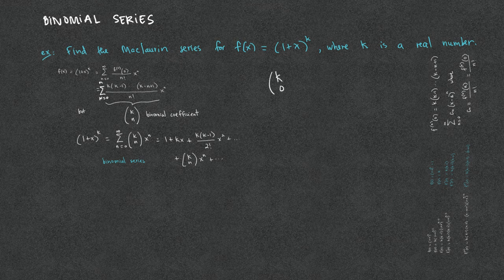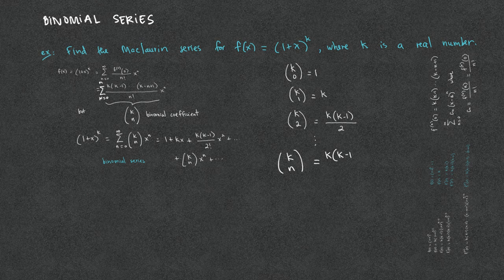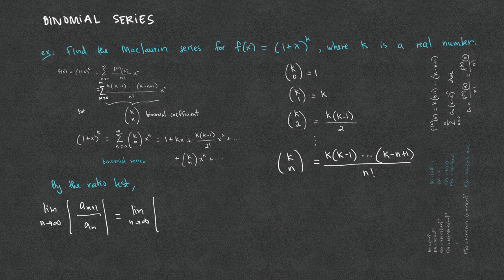Note that k choose 0 is 1, k choose 1 is k, k choose 2 is k times k minus 1 over 2 factorial, and k choose n is k times k minus 1 times all the way to k minus n plus 1 over n factorial.